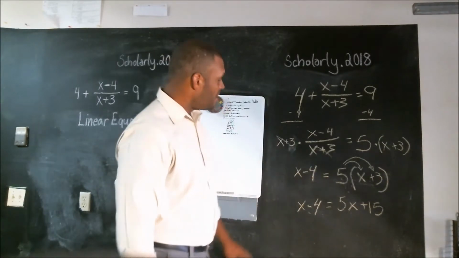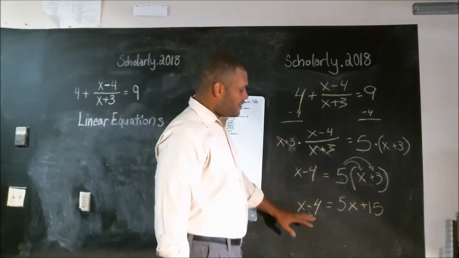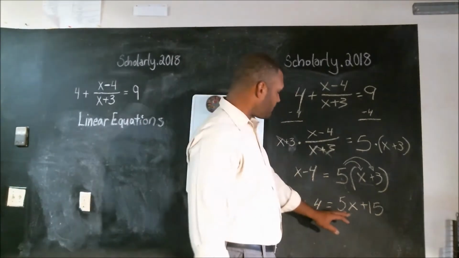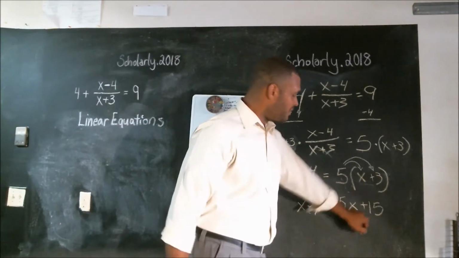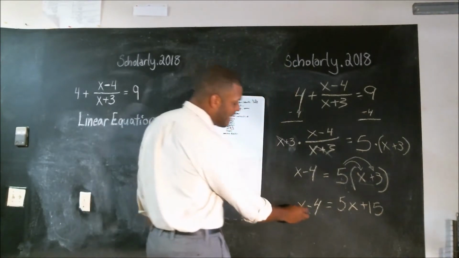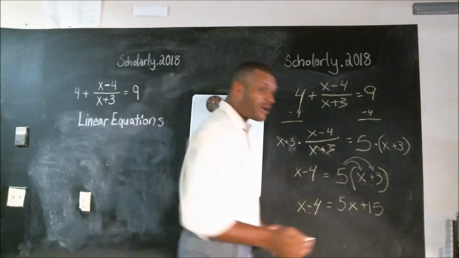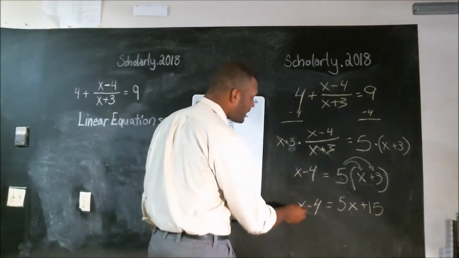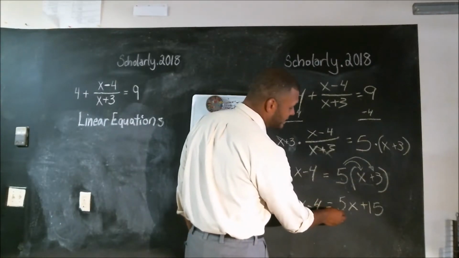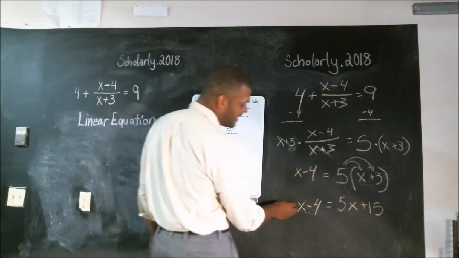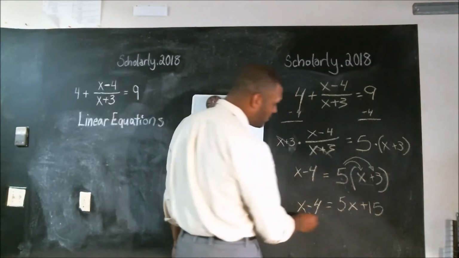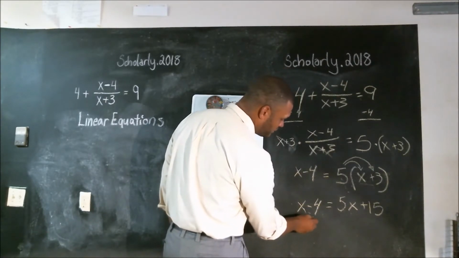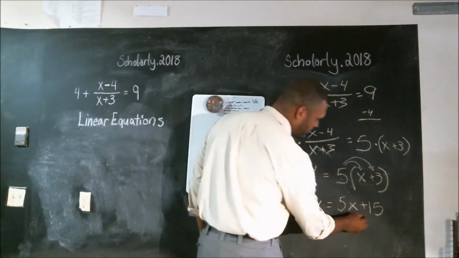Now, as we did up here, again, we're looking at this problem and we see a couple of things. We see the x's on both sides, and we see constants on both sides. What I would go ahead and do here, because I like working with constants first, and it seems to work out better for me, is, you can either subtract the 5x from this side, and therefore from this side, or you can do what we're going to do, which is add 4 to both sides.